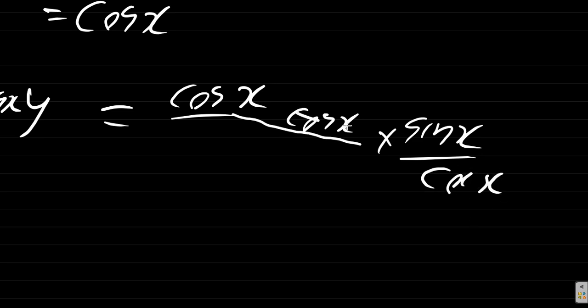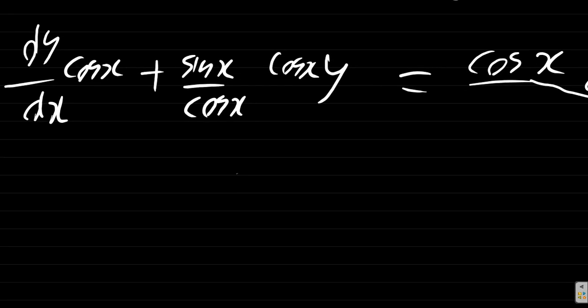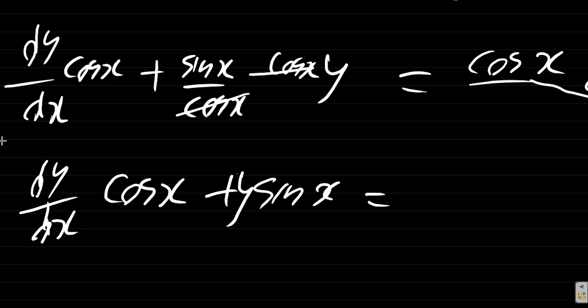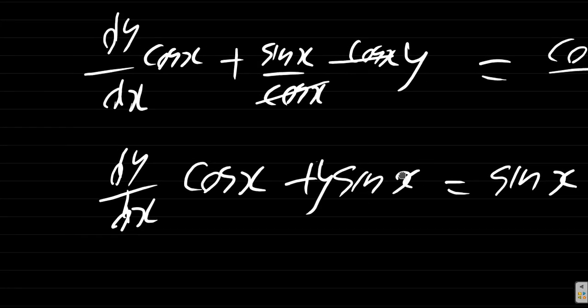And one of the cos x cancels this. So we have cos x sine x. So what we have here now is dy by dx times cos x plus cos cancel cos. So we have sine x times y. Let's say y sine x equals, then let's put the sign first, sine x cos x. Alright, so there we go.